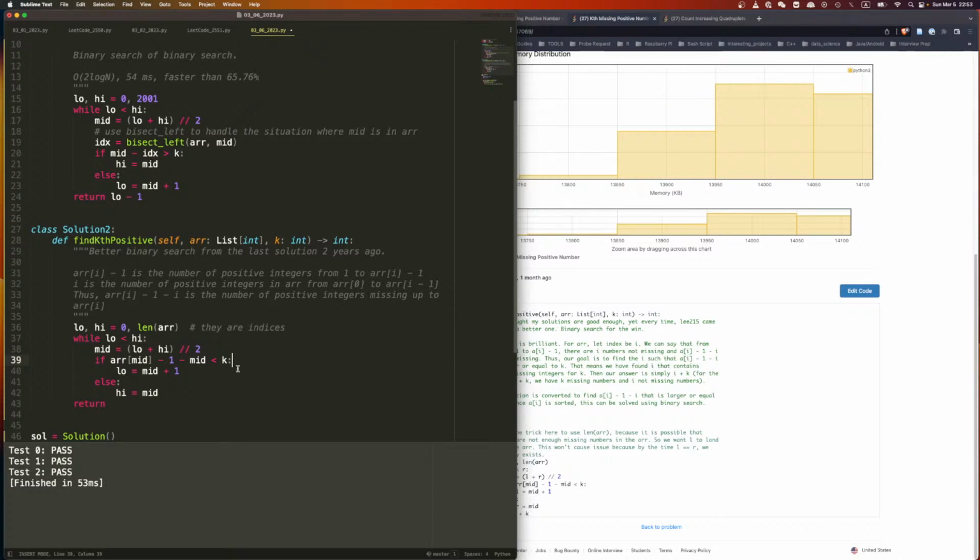Well, when we get out, if it's somewhere inside, that means at that position, we will have at least k or more, right? That means the previous, like this, that we know mid.